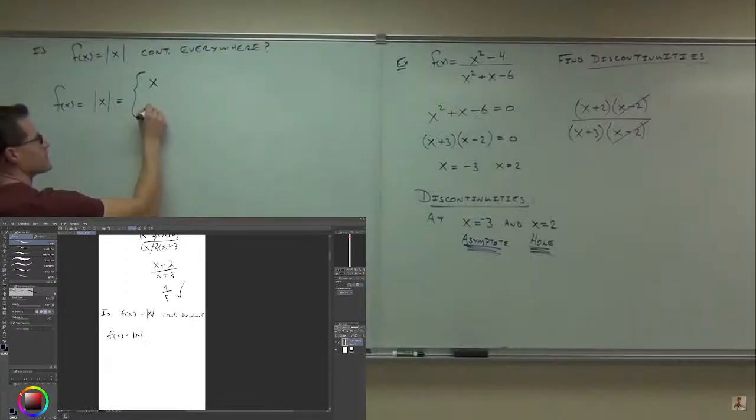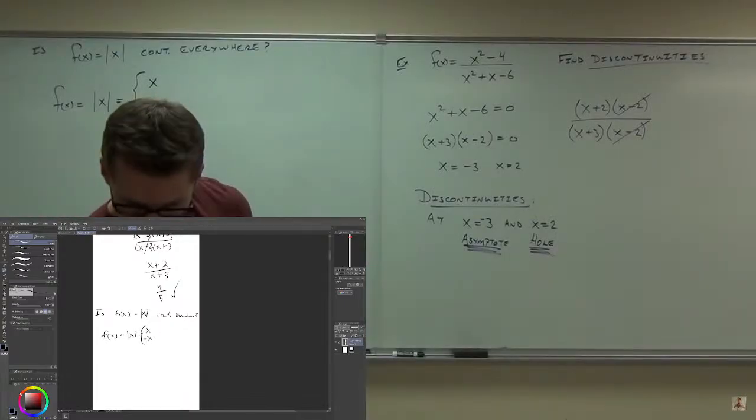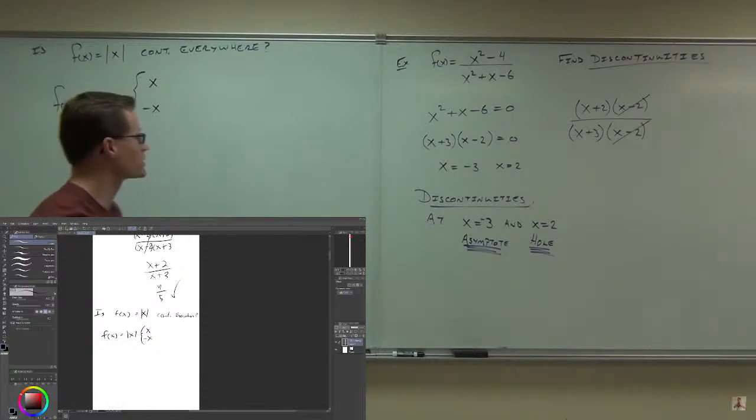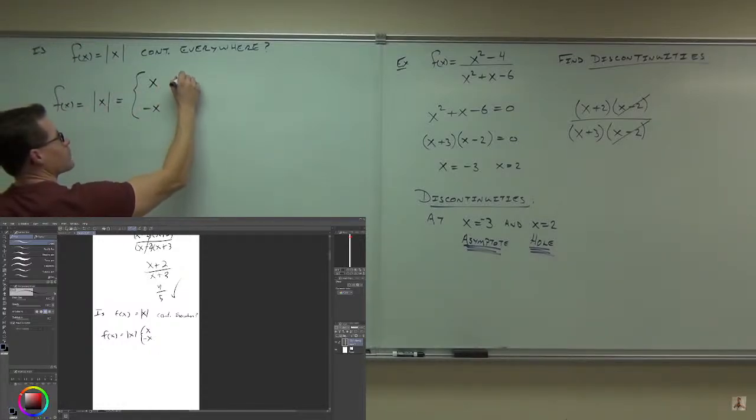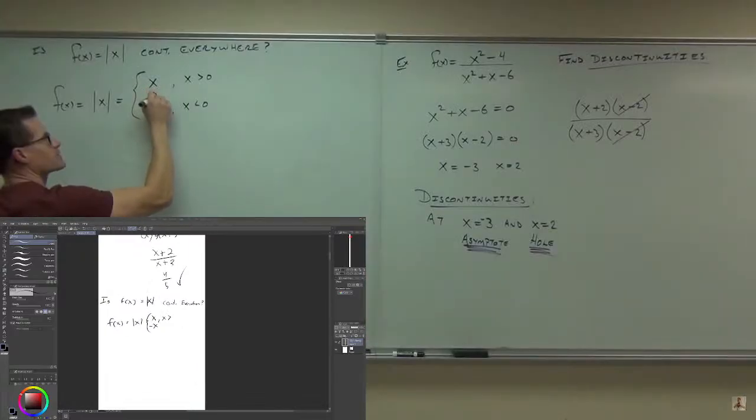It's x, and it's negative x, for x bigger than 0, for x less than 0. Let's make it 0 for x equals 0.